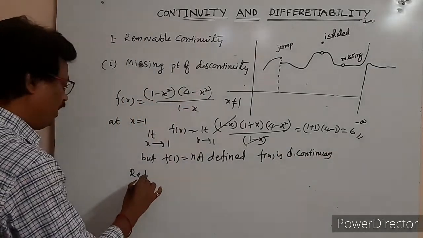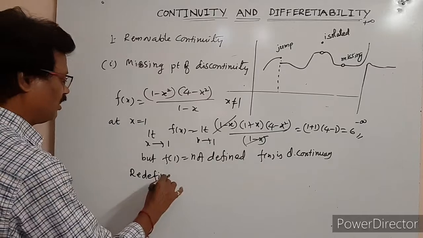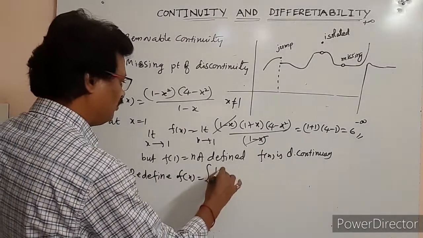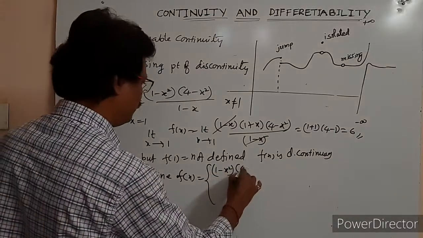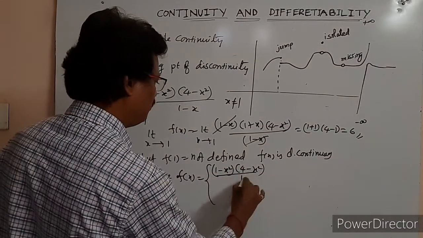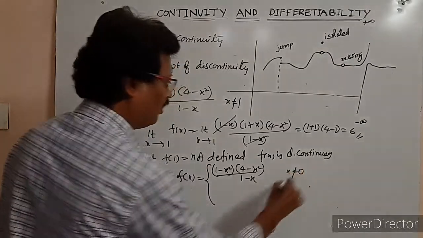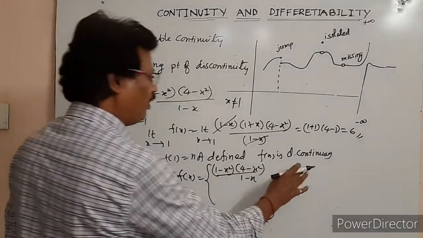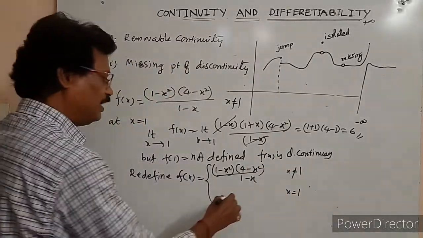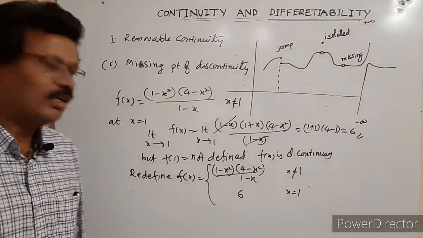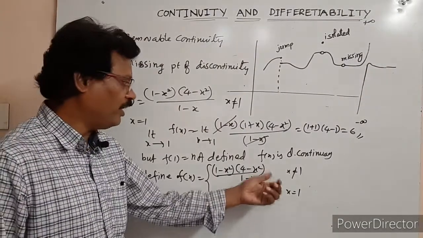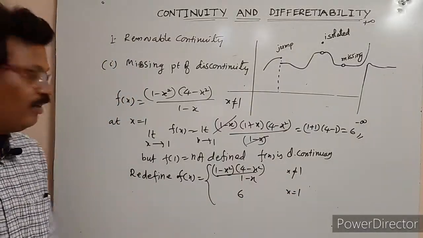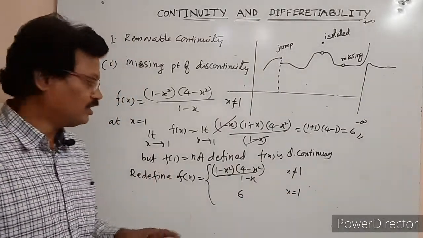Now let us redefine it like this: f of x is equal to (1 minus x squared) into (4 minus x squared) by (1 minus x), where x is not equal to 1, and if x is equal to 1, let us redefine it as 6. Now we are redefining the function f of x at x equal to 1 as 6. Therefore, now it is continuous at x equal to 1.